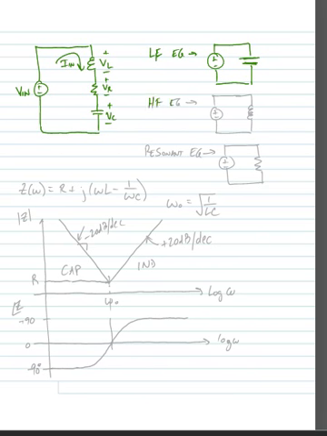At high frequency, the inductor has the highest impedance. So the inductor dominates. And at resonant frequency, the inductor and capacitor, at least impedance-wise, cancel one another out, and we just have a resistance.